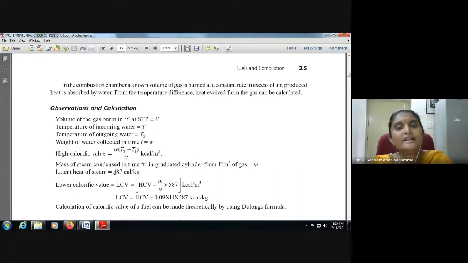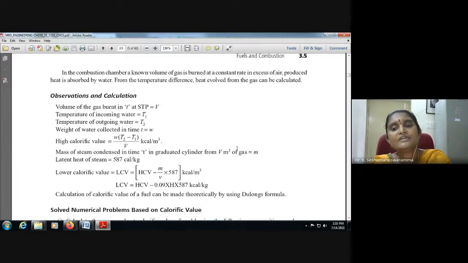So the mass of steam condensed in time T in the graduated cylinder from V meter cubes of gas is M. The latent heat of steam is 587 calorie per kg. The lower calorific value, LCV, is HCV minus M by V. Here M is the mass of steam condensed in time T in the graduated cylinder from V meter cubes, and V is the volume of the gas.